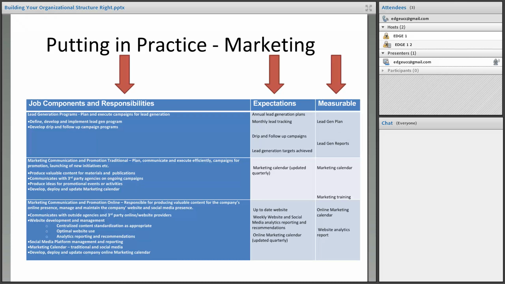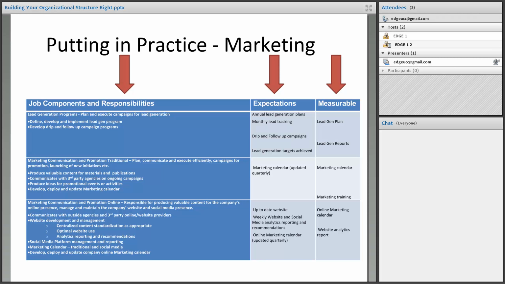And then you'll see that underneath each of these main buckets, I've outlined the steps that have to be taken. So the first area is lead generation programs, plan and execute campaigns for lead generation. There I've outlined the main bucket, which is lead generation programs, and the main outcome, which is to plan and execute campaigns for lead generation.